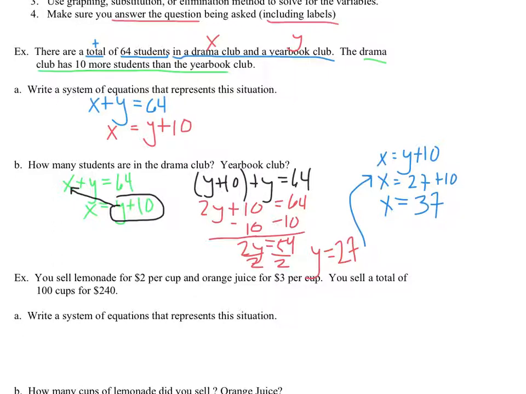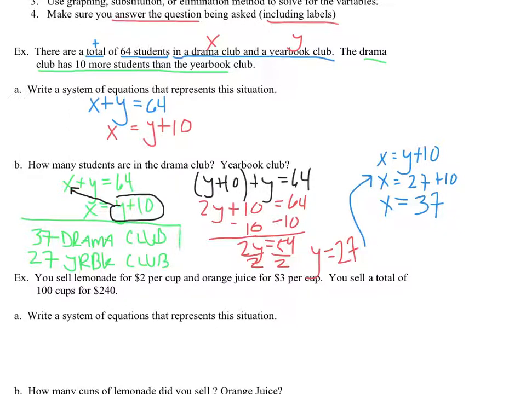So then the question comes back to solve the equation with labels. So this basically tells me, try to pick a color we haven't used, I really can't. So my final answer is x represented our drama club, and y represented the yearbook club.